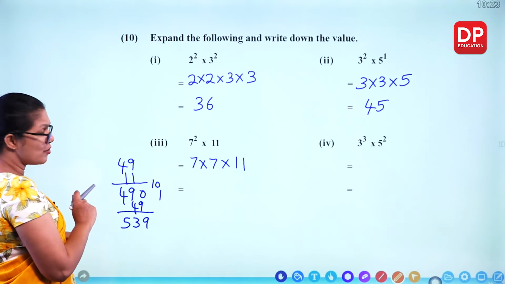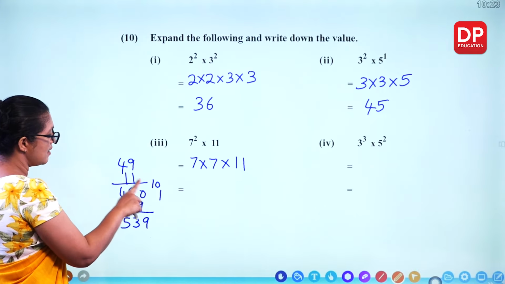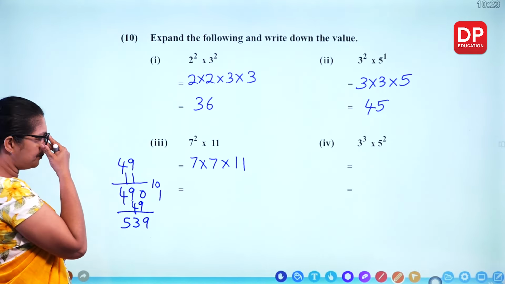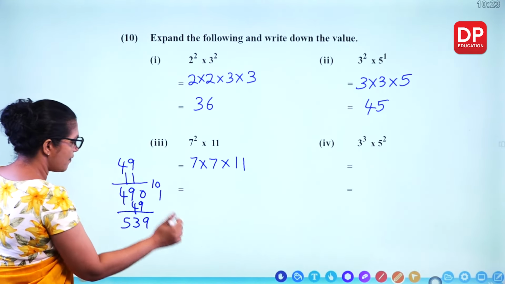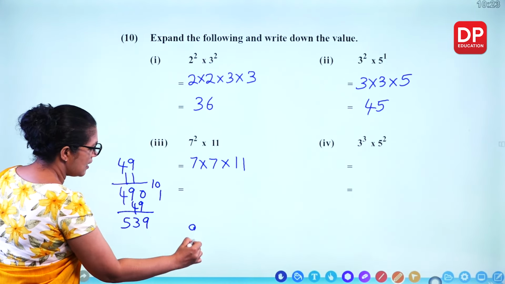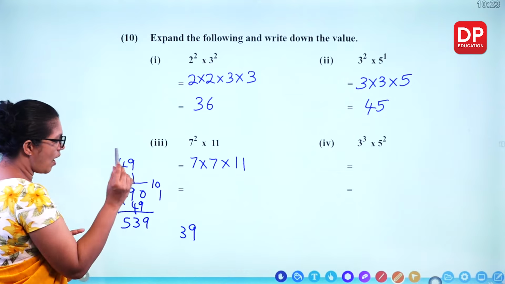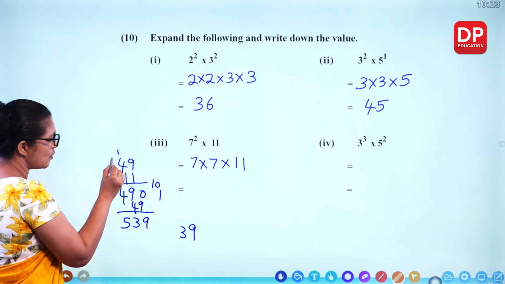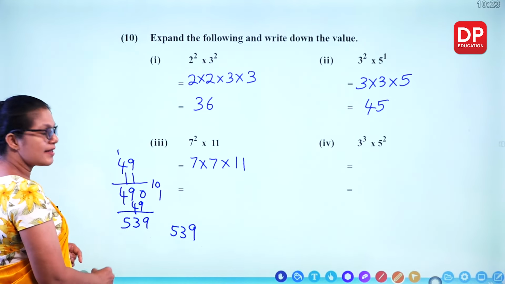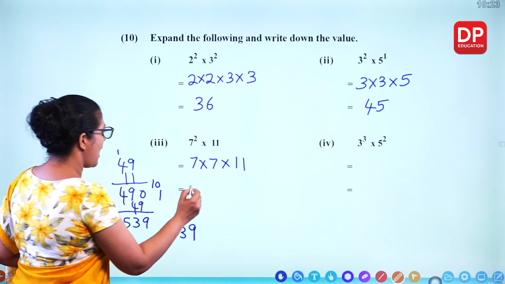So you know how you get this one at once. When you are multiplying by 11, you first write down the last digit and then 9 plus 4, 13, 1 remaining, and you are adding that 1 to that. So 539. So you can use that.